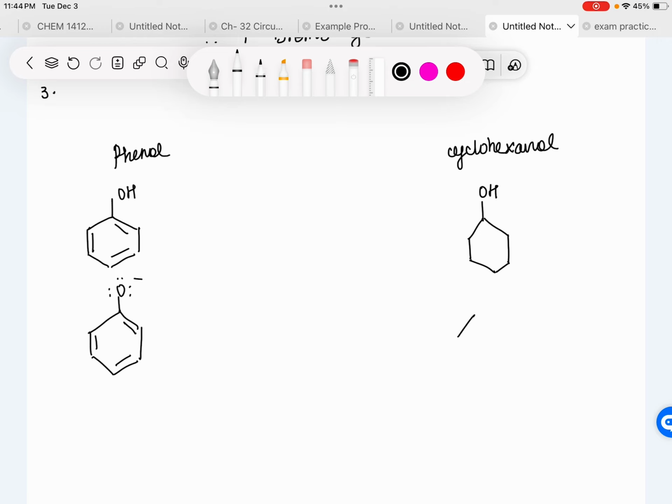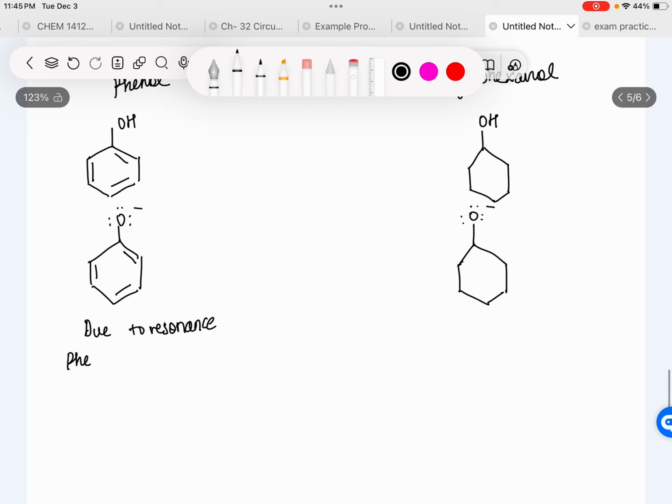whereas cyclohexanol is not as stable as phenyl. The reason is due to resonance. Phenyl is more stable.